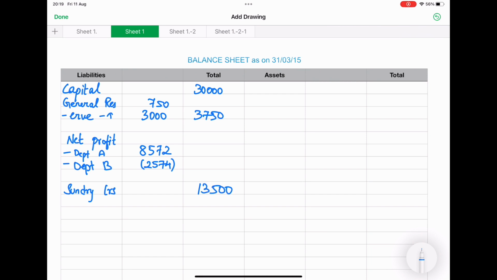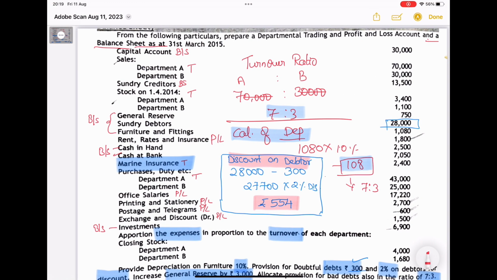For this net profit, we are going to deduct transfer to general reserve, because we have added it in general reserve. Let me explain in the question. Here they have mentioned increase general reserve by 3,000. How are we going to increase the reserves? If the company is having profit only, we can transfer to reserves, right? Here department A is having profit of 8,572.